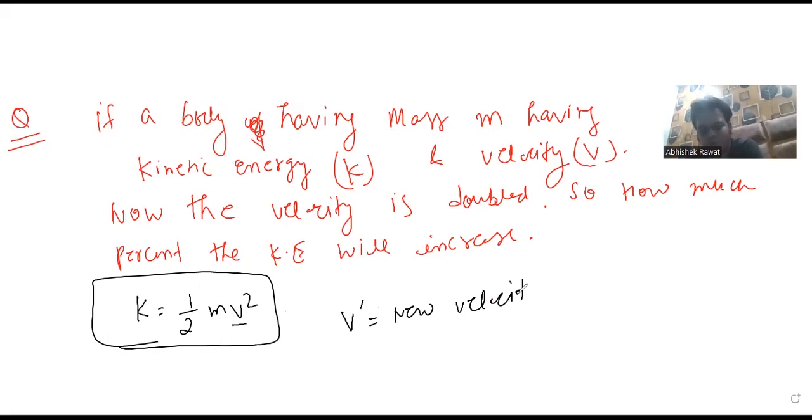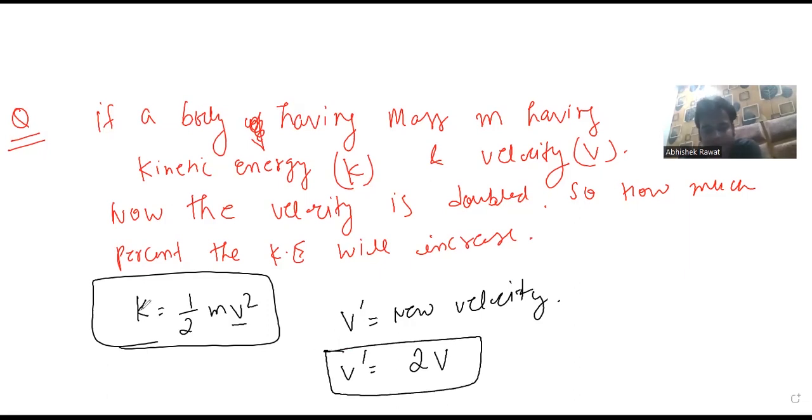You can also write v1 and v2, it's up to you. I'm taking v dash. So v dash is twice of v, according to the question. Because earlier the initial velocity was v, mass was m, mass is constant, it can't be changed. So velocity is twice of earlier, so v dash is 2v.